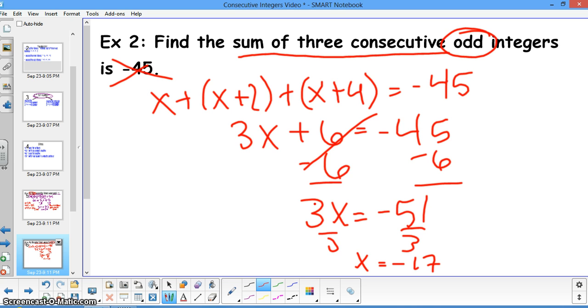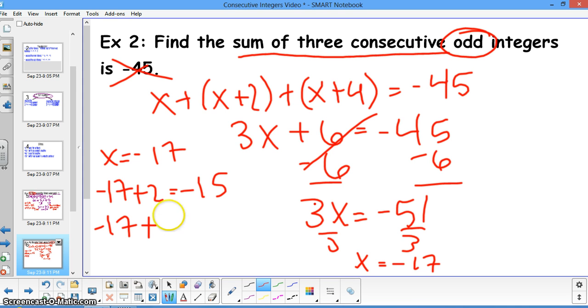Well, that's the first number. The second number, negative 17 plus 2, which is negative 15, and negative 17 plus 4, which is negative 13. If I add those up, which I should be checking my work, I do get negative 45.